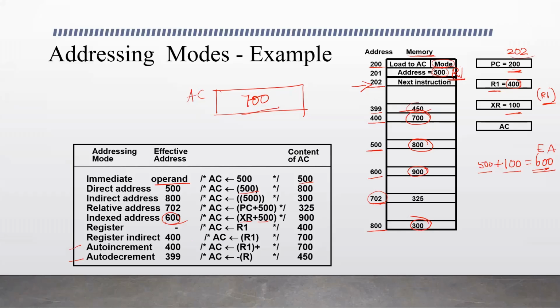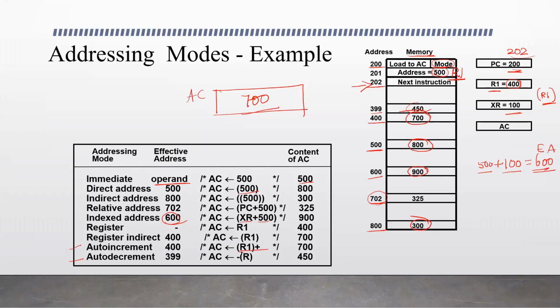First, R1 is the address given in the instruction. So R1 is located. What is there in the content of R1 is the effective address of the operand. And as it is auto increment mode, the address will get incremented after execution. You need to note this here. In auto increment mode, the increment happens after.